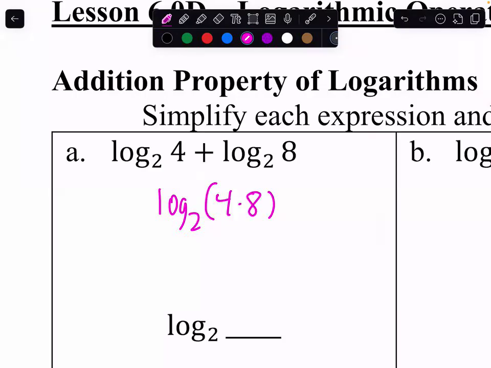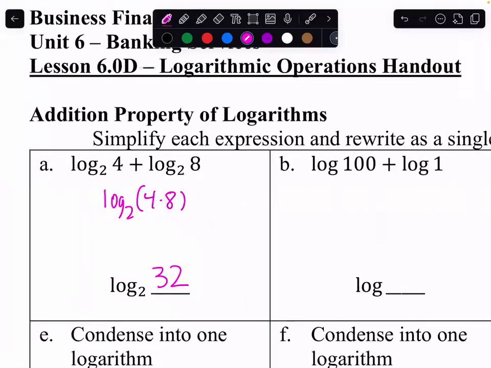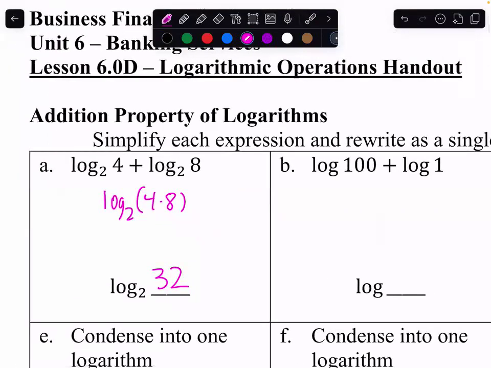Okay, and then you can just simplify like normal. 4 times 8 would be 32. Same thing over here, log of 100 plus log of 1. You keep the log part, but you would multiply this times that. So 100 times 1, though, stays 100.